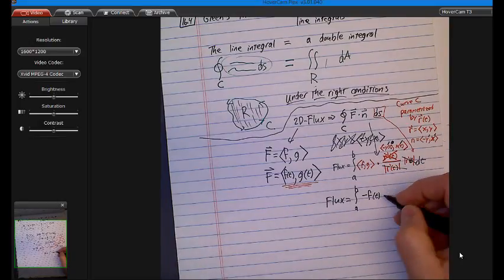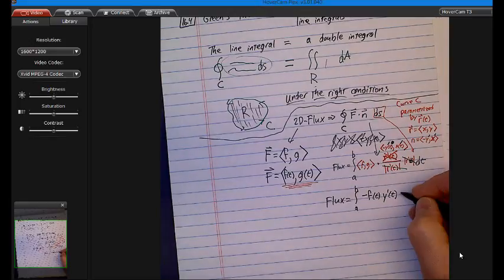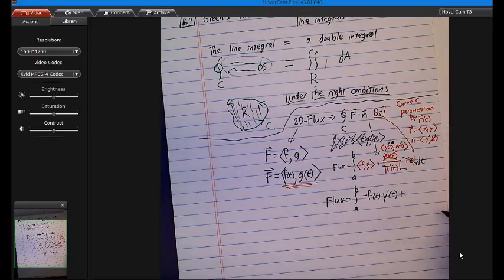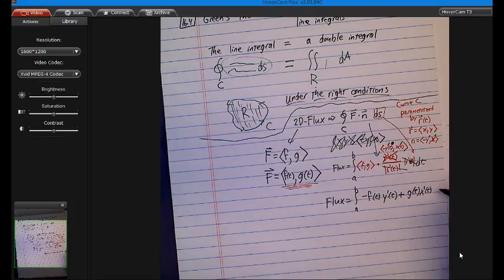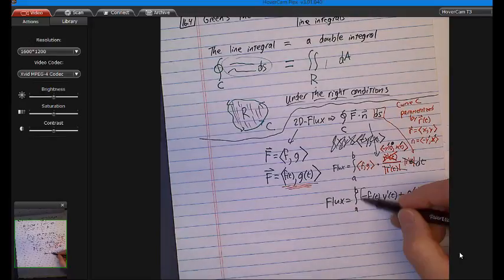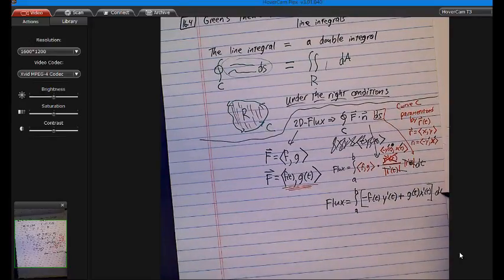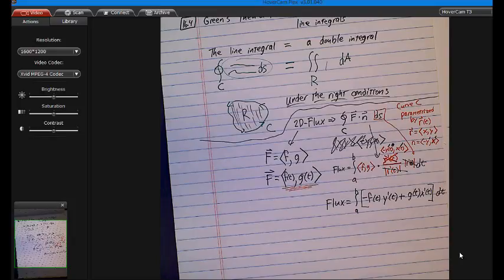So we get negative f of t, y prime of t, plus, can you give me the rest? If you can give me the rest after all that chicken scratch, then I'll say, wow, we learned something. G of t, x prime of t? Really? How many are with me? Yeah? dt? I'm impressed. If that makes sense, that's really cool.